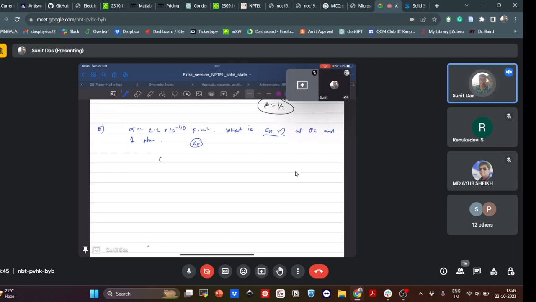So we have epsilon r minus 1 by epsilon r plus 2 equal to n alpha by 3 epsilon 0, right? This is the Clausius-Mossotti equation. Now alpha is given, but n, the number of atoms per unit volume, I do not have.